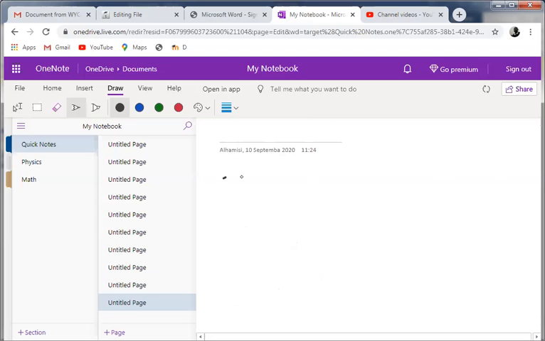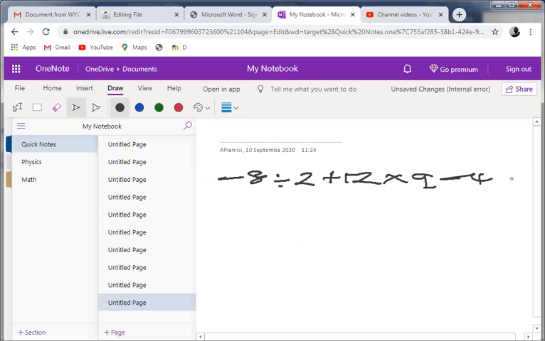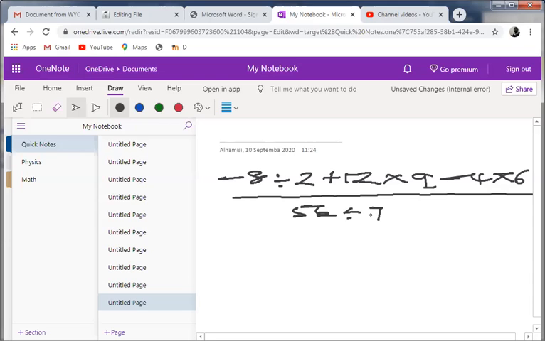You are given negative 8 divided by 2 plus 12 times 9 minus 4 times 6, and then everything divided by 56 divided by 7 times 2. Then you are told to work that out.